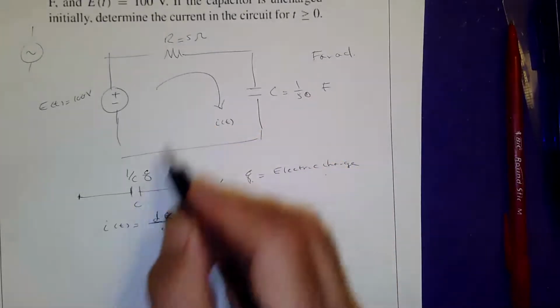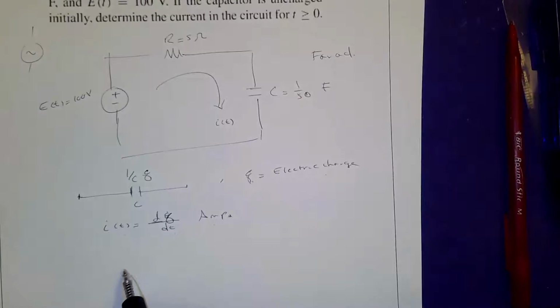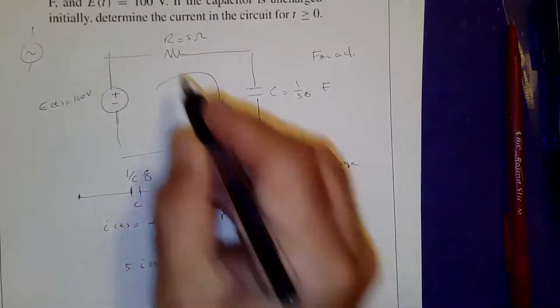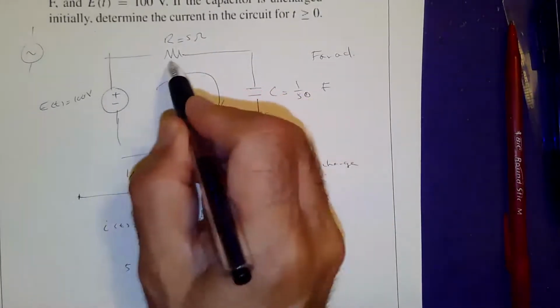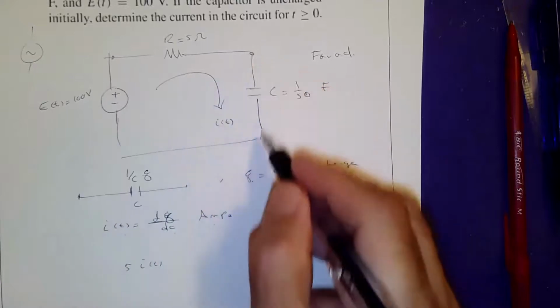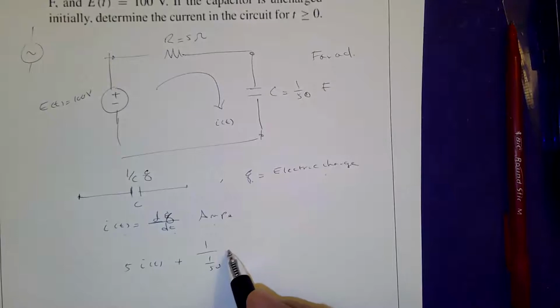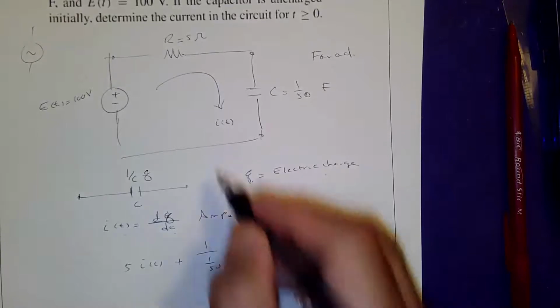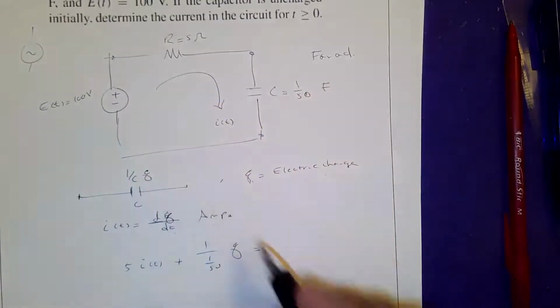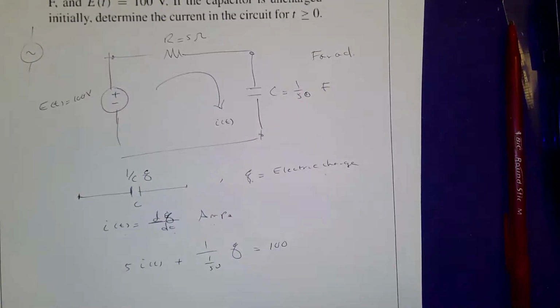So remember, we use Kirchhoff's law. 5I is the voltage across the resistor using Ohm's law. The voltage across the capacitor is 1 over 50 times Q, and these have to offset this 100 volts.